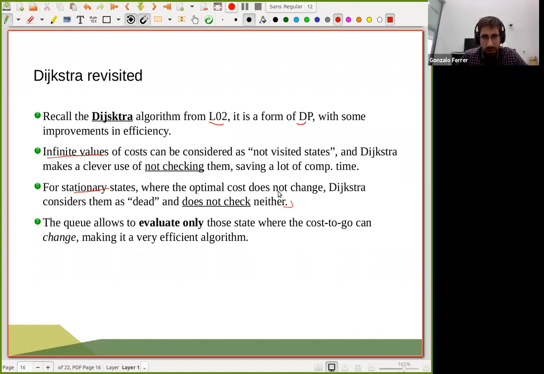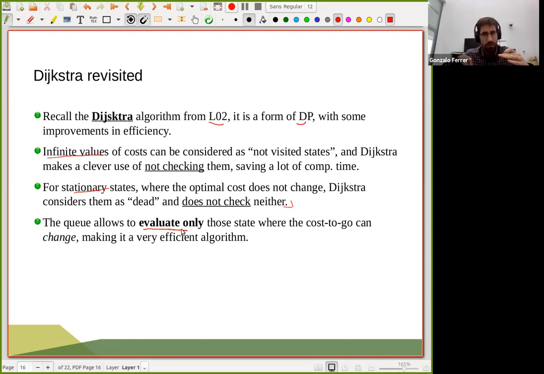So there was this other thing going on, not just checking if they were saved or not: the only thing worth evaluating is the states that have some promise of taking us somewhere or improving the cost to go in the frontier region. And that's why we were using a queue, right? On the queue, we were putting all these values. Once we evaluate them, there's no need to re-evaluate them.